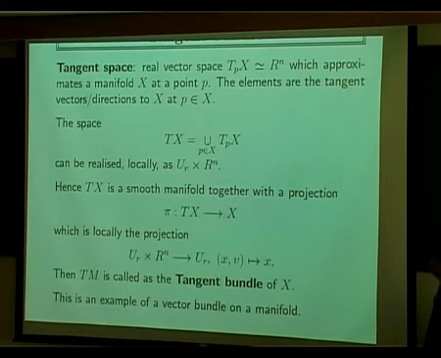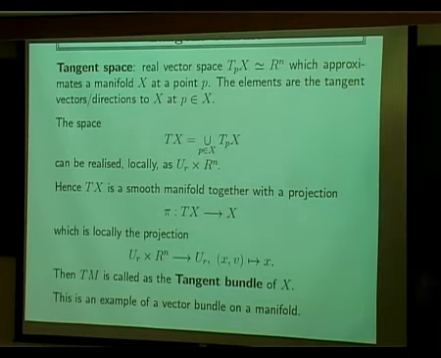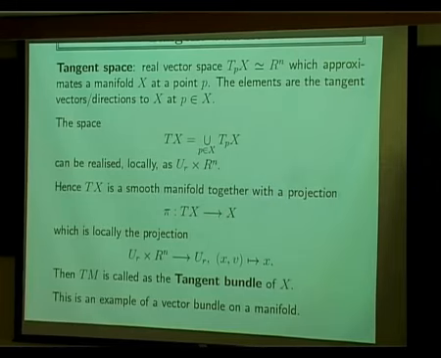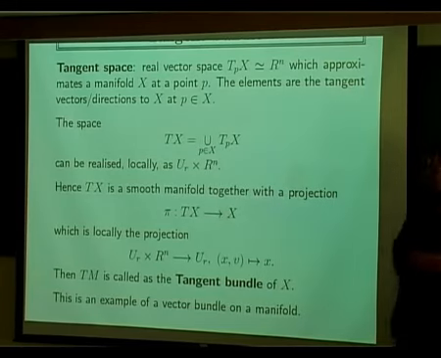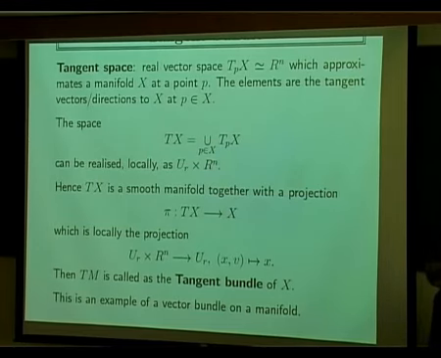So what we have seen for tangent bundles is that this comes from the structure of your manifold, and moreover we have seen that locally it is just a trivial product. It is just a product of your open set with a fixed vector space, and then of course in the overlapping of these open sets there should be a good patching condition. So this is what is used to get this manifold here.